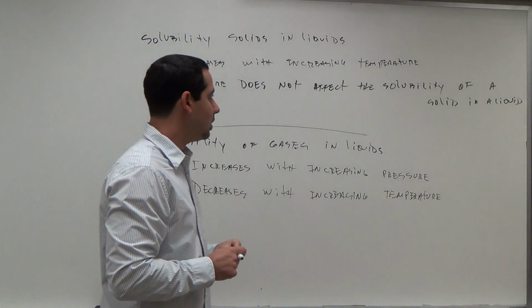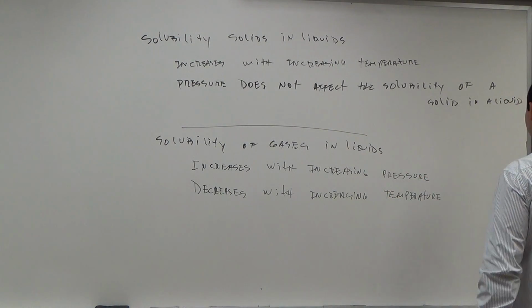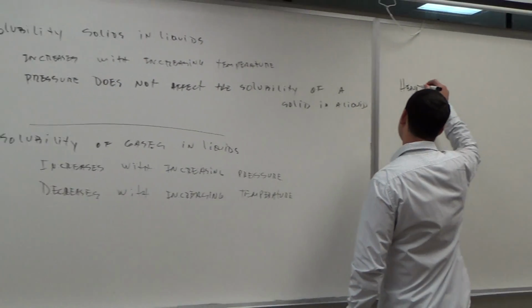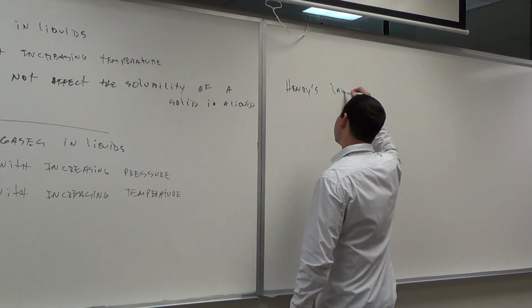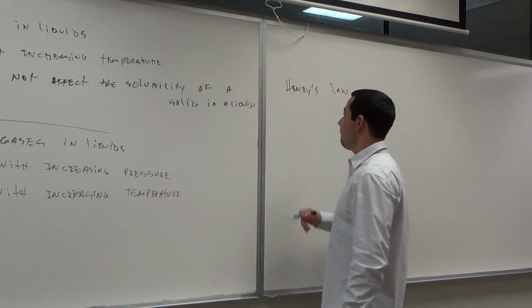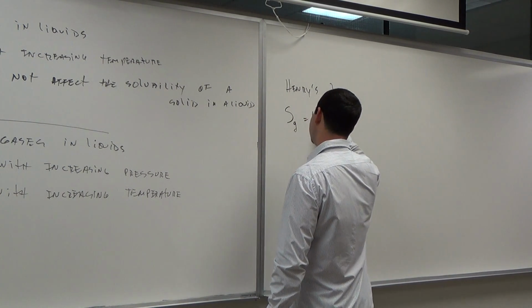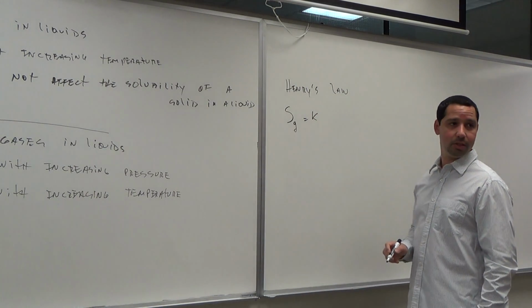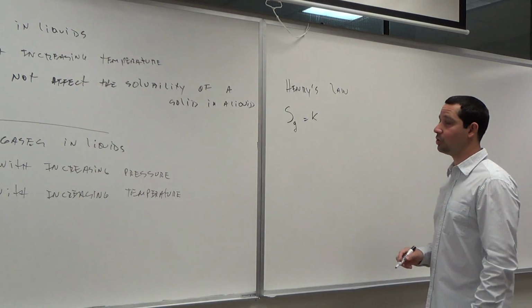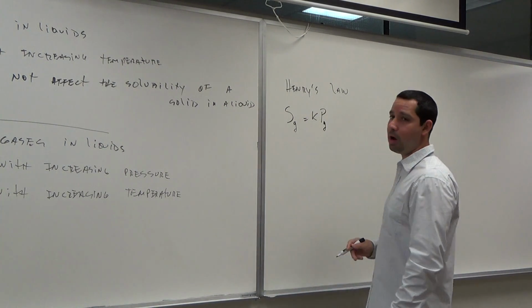Alright. There is a law that predicts how much gas is going to dissolve, and that law is called Henry's law. Henry's law tells you how much gas will dissolve in a liquid. And it's like this. The solubility of the gas is equal to Henry's law constant, that's why this is called Henry's law, times the pressure of that gas above the liquid.